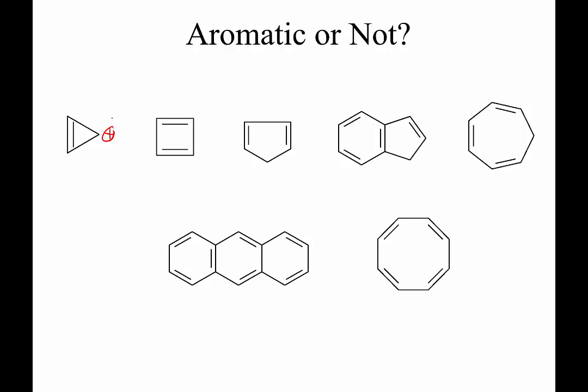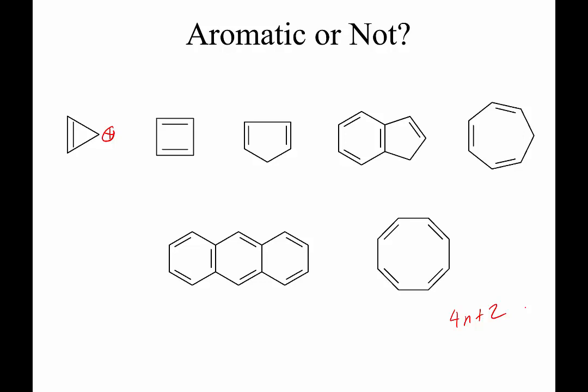So here's what 4n plus 2 really means. I could memorize all of the possible numbers of pi electrons that would give me aromaticity. Okay.